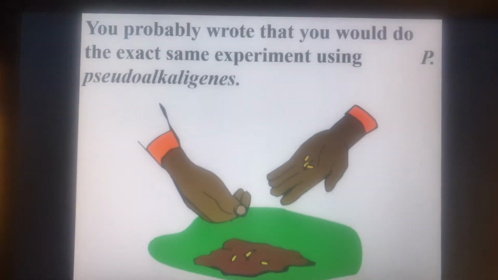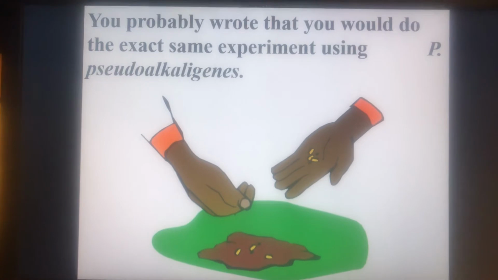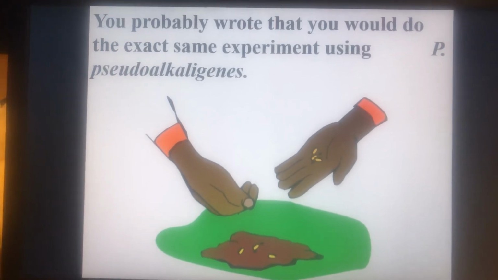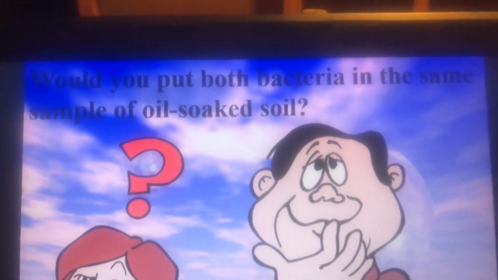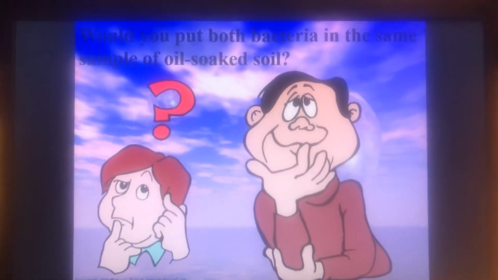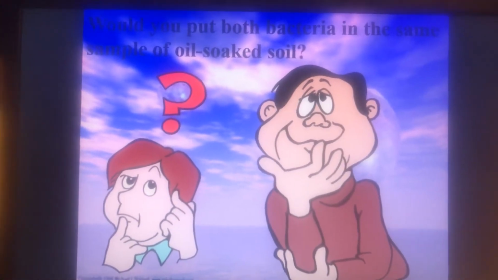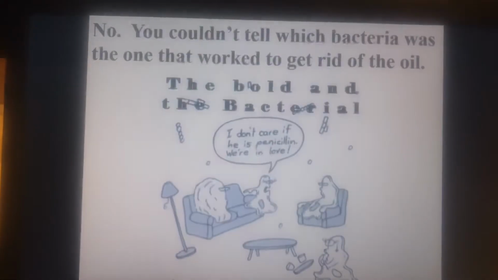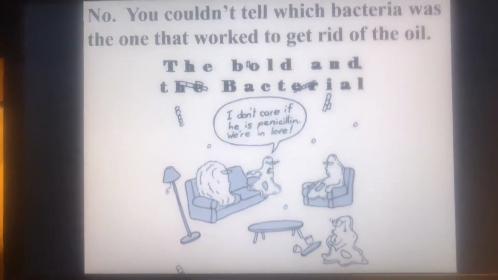You probably wrote that you would do the exact same experiment using the other bacteria. Would you put both bacteria in the same sample of oil-soaked soil? Probably not, because then you wouldn't know which one was more effective. You couldn't tell which bacteria was the one that worked to get rid of the oil, huh?